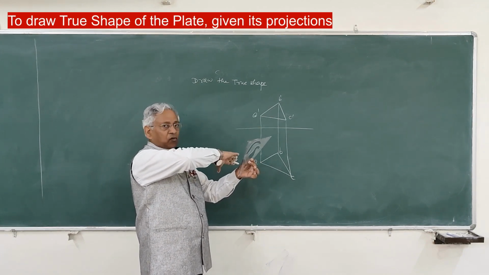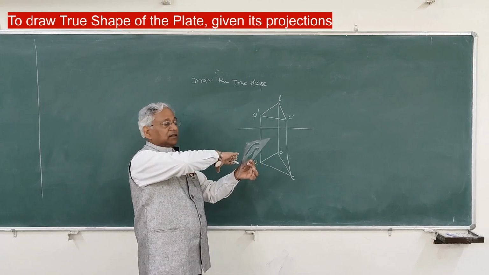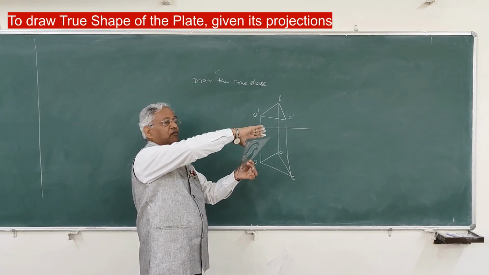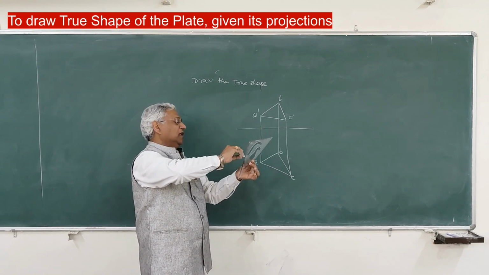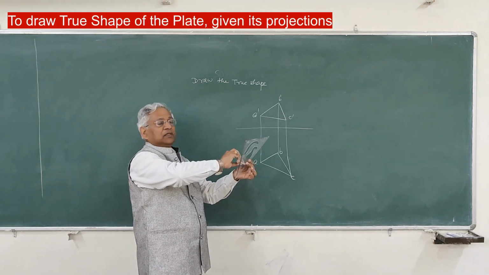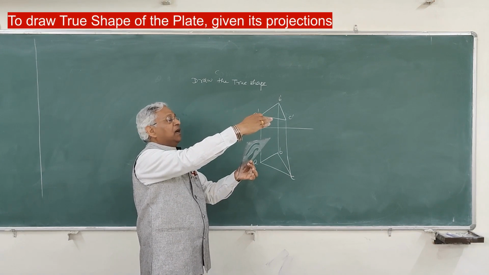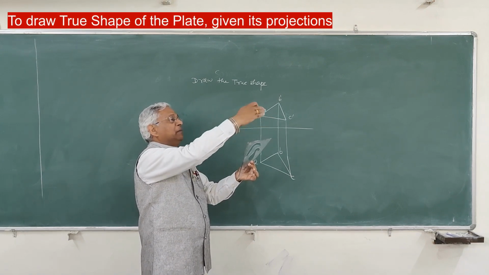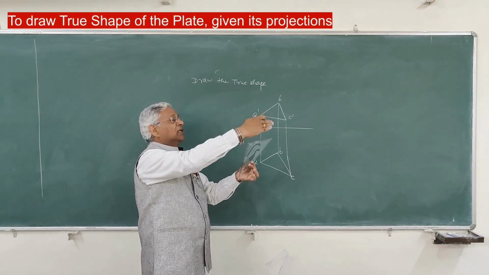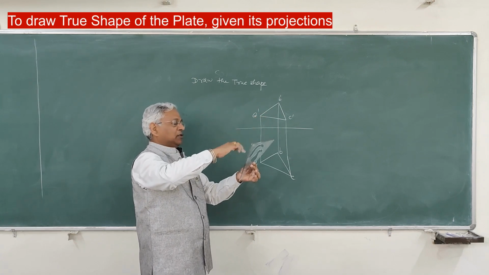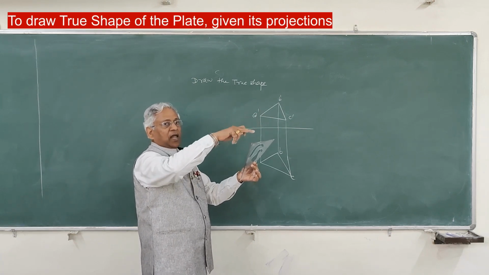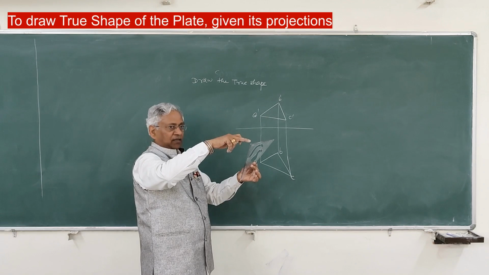Okay? And therefore, to take this plane, what we do, first you draw a line in this plate, take a plane perpendicular to this, so that this total plate becomes a line, projection becomes a line.